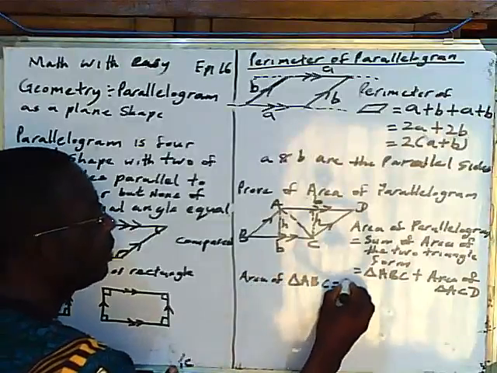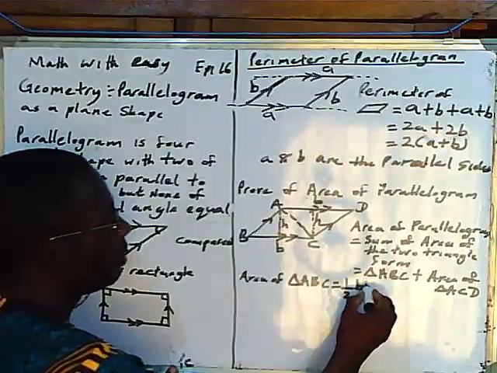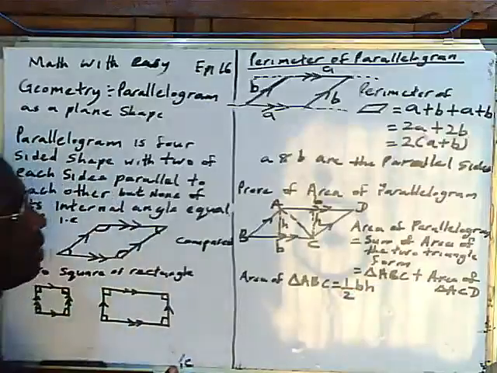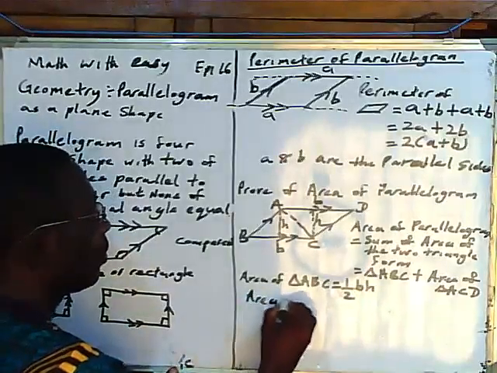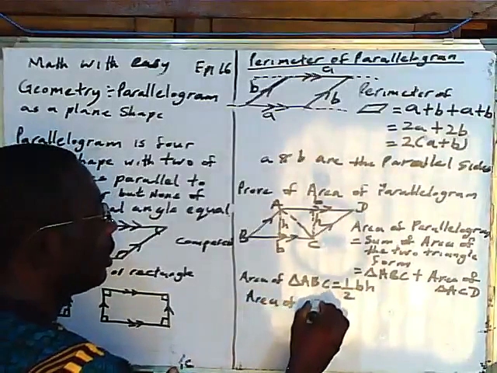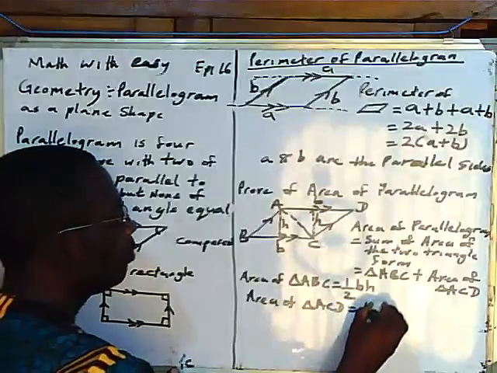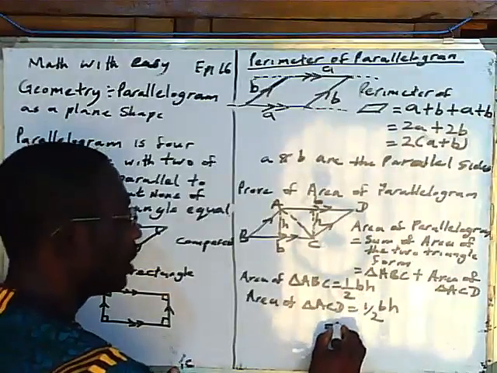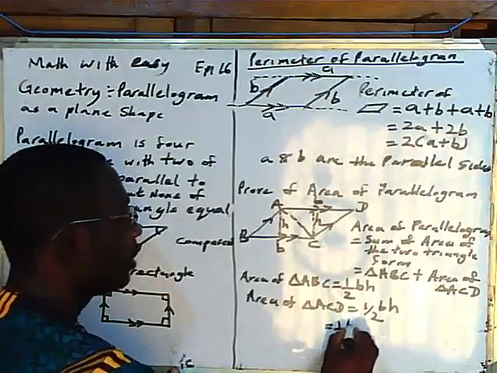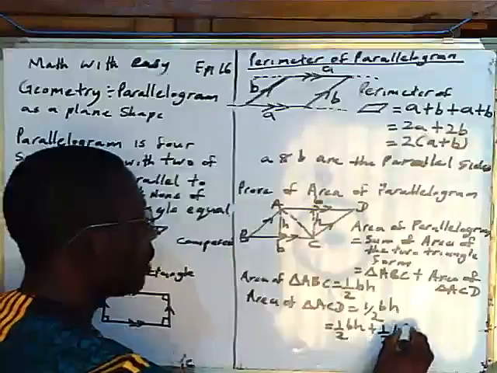So the area of triangle ABC will be half of base, which is B, times what? Height. Then the area of triangle ACD will also be half base times what? Height. So if we add the two together, it will be half base times height plus half base times what?